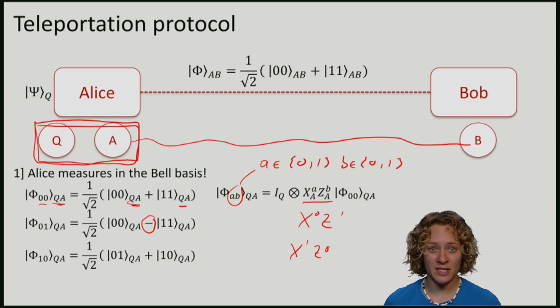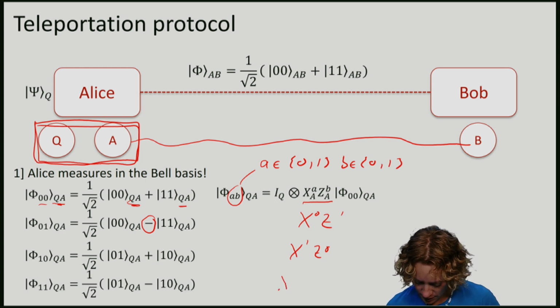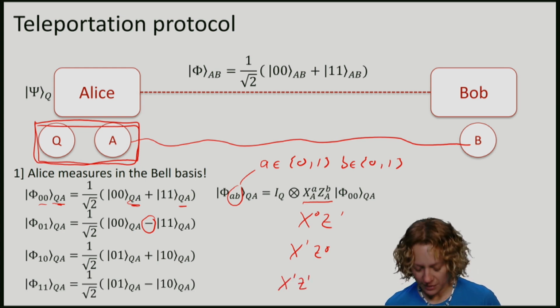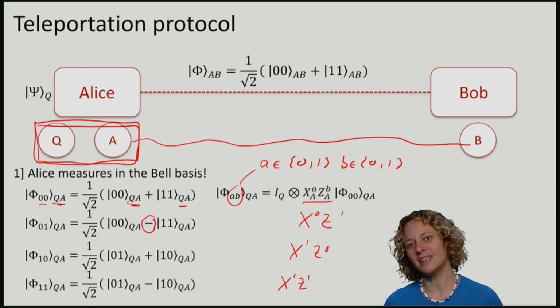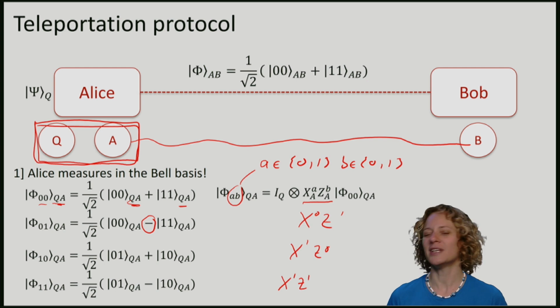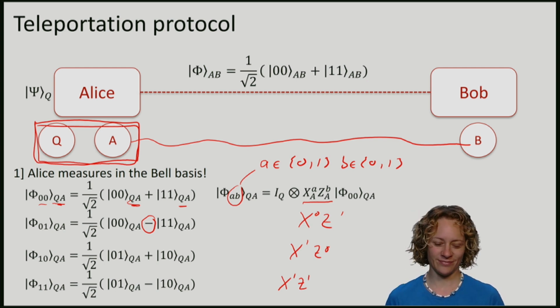And 1, 1 means that we do both things. Flip the phase and flip the bit. You may want to convince yourself that these four vectors do indeed form an orthonormal basis for two qubits. So let's measure Q and A in that basis.